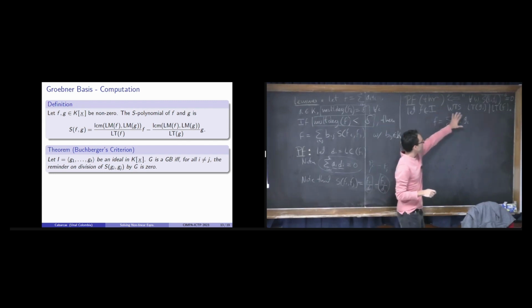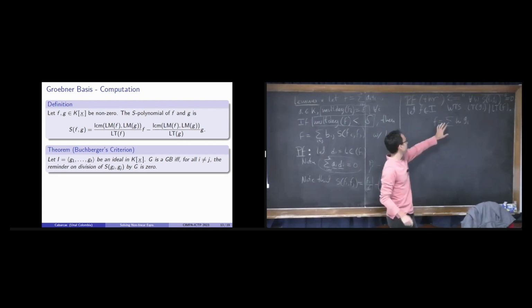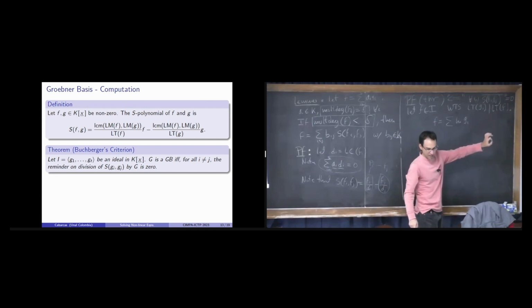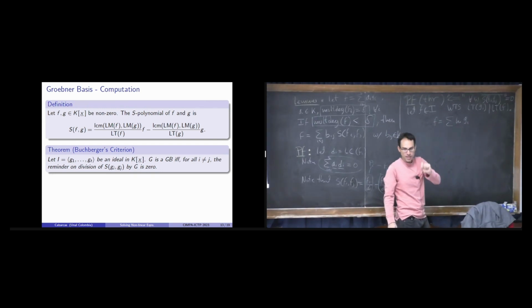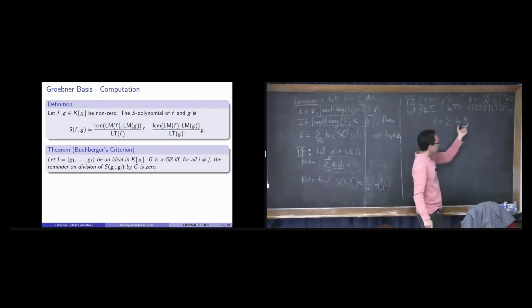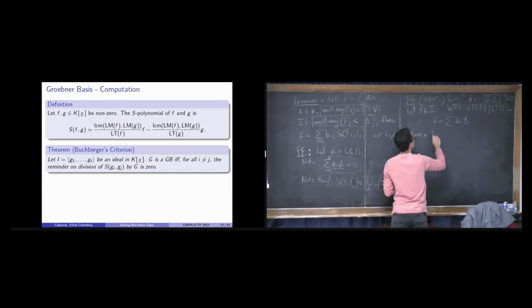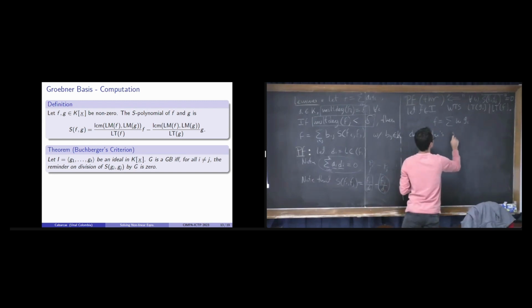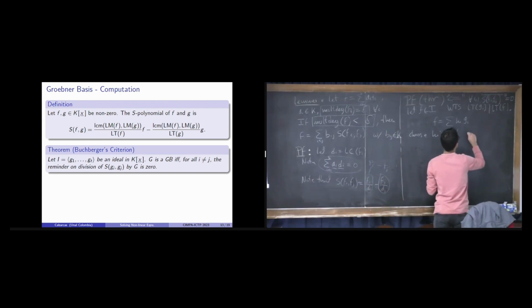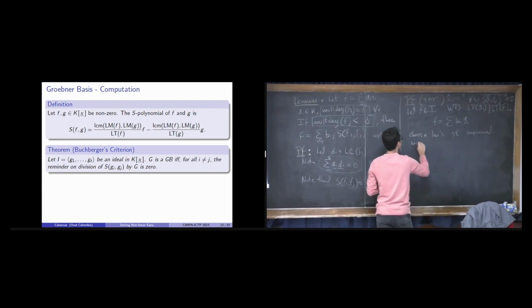There could be many such ways to write F as a combination of the G_i's, but I want one that is minimal in the multi-degree of these products. So I want to choose the H_i's so that they have minimal multi-degree.